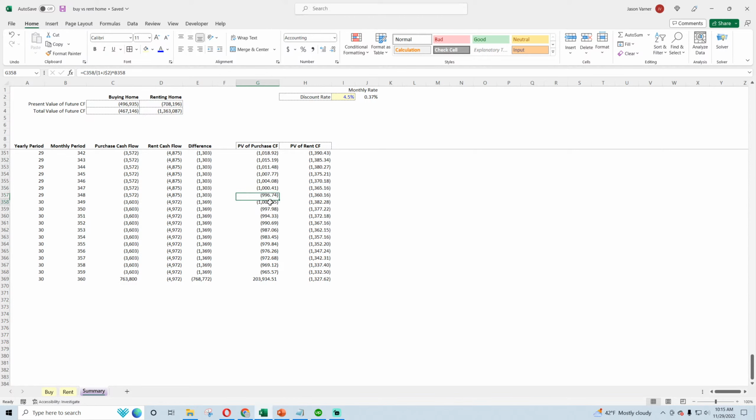Now this is odd. Did we do this? Why is purchase cash flow going down and back up here? Let me just make sure this is looking right. So that's taking the present value divided by 1 plus the rate raised to the 347th period.